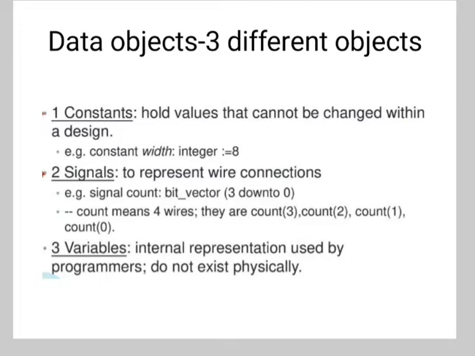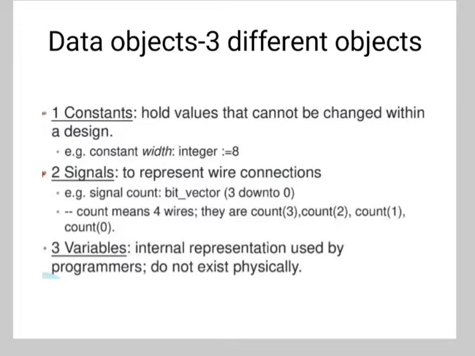Any model becomes more readable and easy to update with constant. The constant declaration contains one or more identifiers, a subtype indication and the expression specifying the value of the constant. It holds the value that cannot be changed within a design.